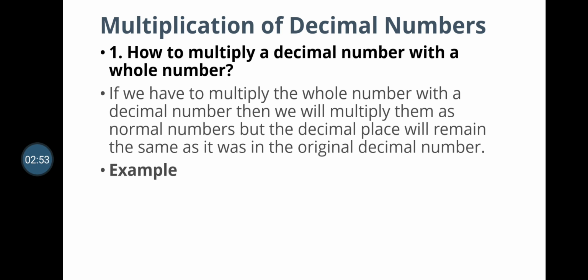So the multiplication part, we will do the same as normal multiplication, how we do for normal numbers. Then where we keep the decimal point depends on the number of places in the decimal number. So that many decimal places we should give in the answer also.